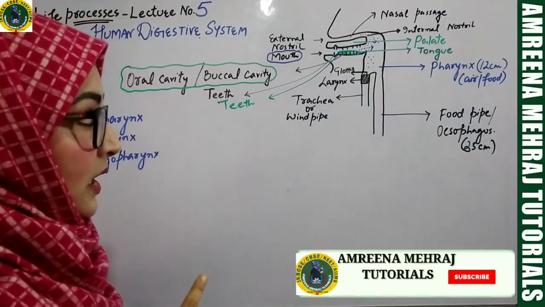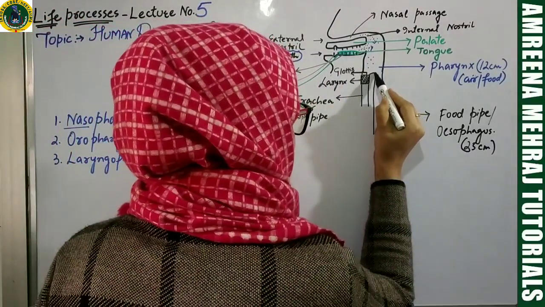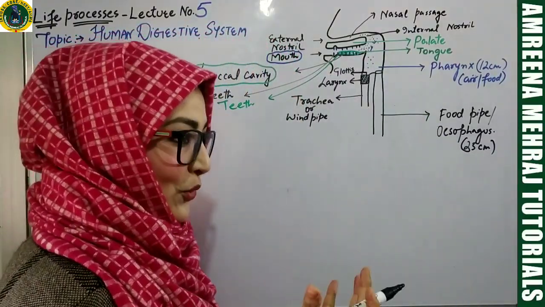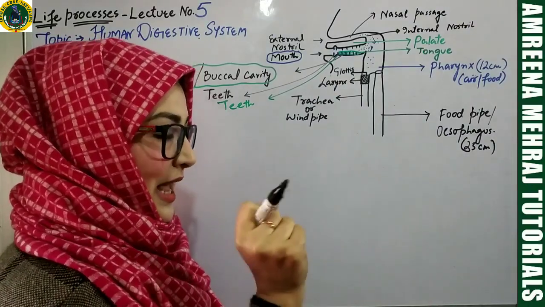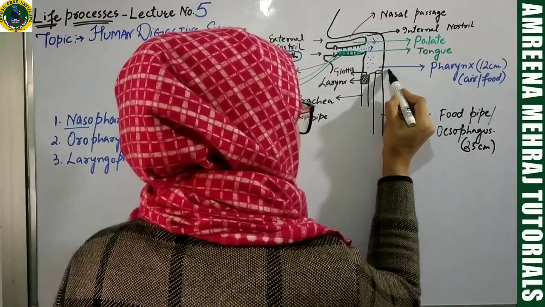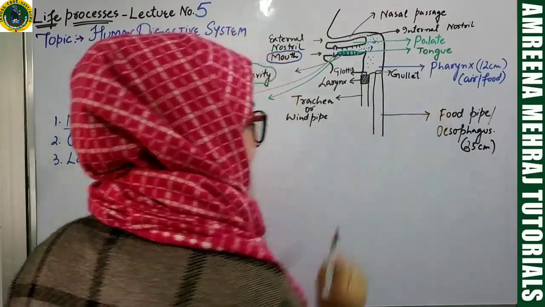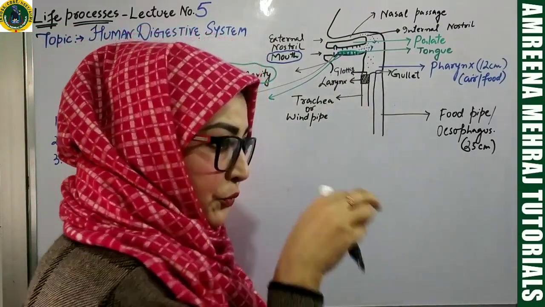You have to remember, the opening of the trachea is called the glottis. Similarly, you have an opening for the food pipe, which is not open always. It opens once you swallow the food, otherwise it's collapsed. This opening is called the gullet. So you have to remember that the pharynx is going to lead into two openings.